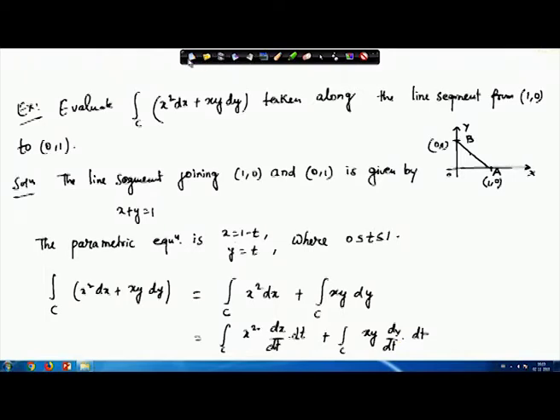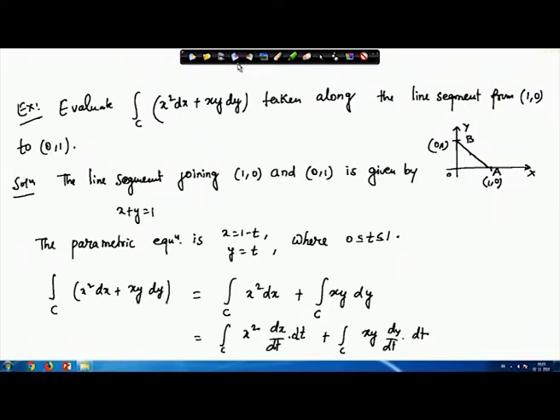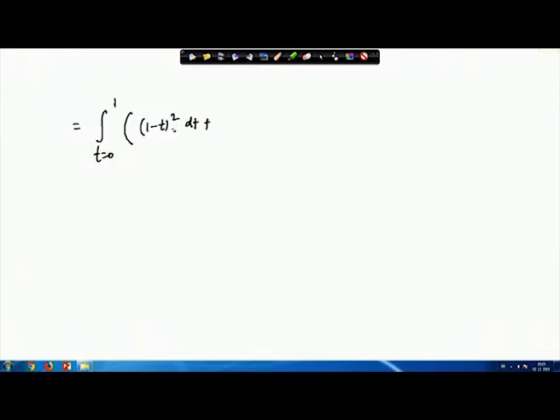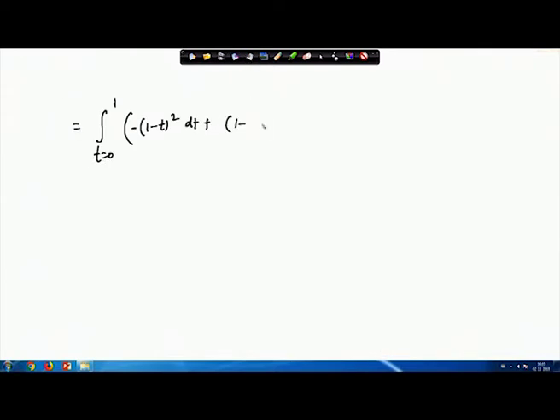So this will reduce to the integral with t running from 0 to 1, because that is our curve. Then we have x squared, which is (1 minus t) squared, and dx/dt is minus 1, so there will be a minus here, and then dt. Then plus xy, so (1 minus t) times t, and dy/dt is 1, and again dt.